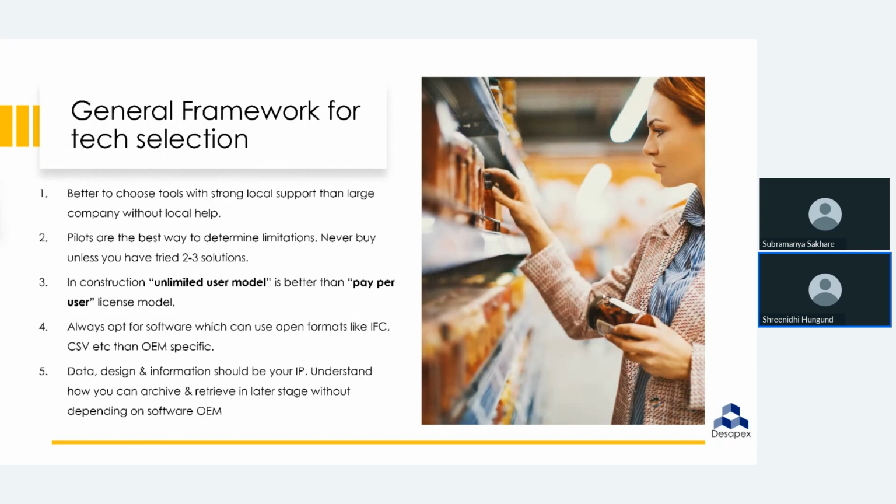These are all intellectual property owned by the developer or owner of that property. I think we should start thinking about that use case where people can retrieve the data without depending on any third party software or OEMs.